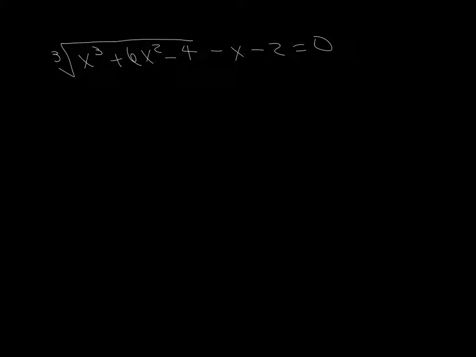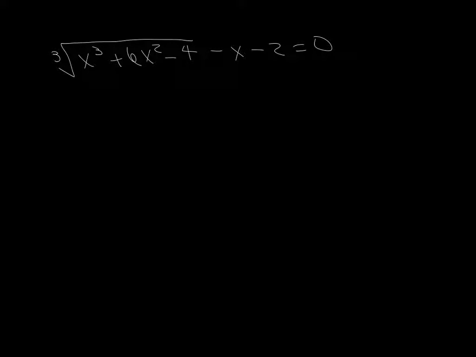Alright, so let's just jump into this first example. It gives us a cubed root of x cubed plus 6x squared minus 4, minus x, minus 2 equals 0. So first of all, we're going to isolate the radical.